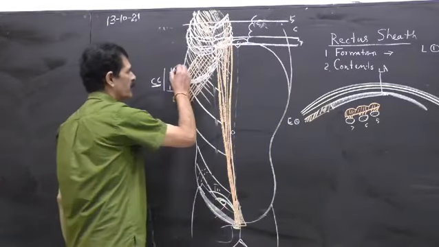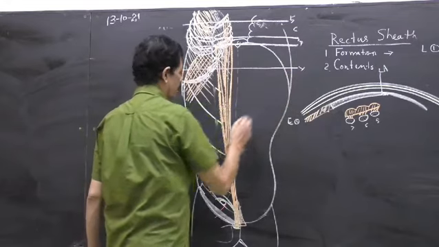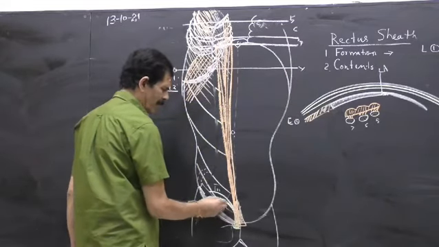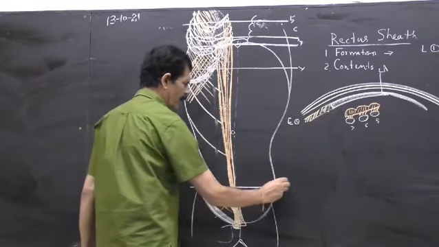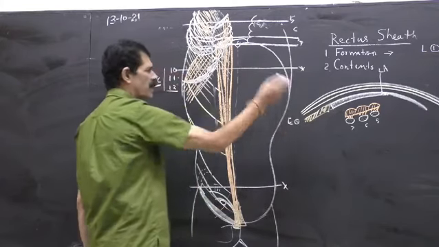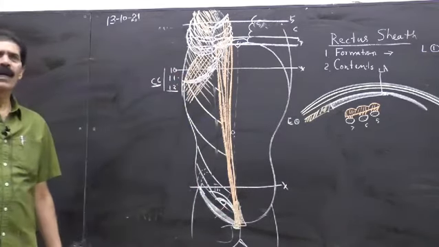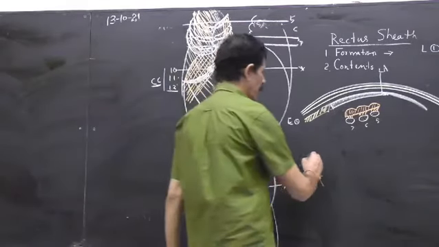Then the section of the abdomen above this arcuate line, anywhere, here or here, same as we have done yesterday.